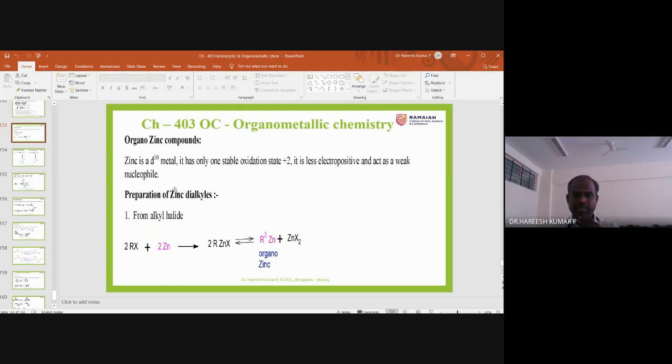So only three points we discussed here. Zinc is a D10 configuration metal, showing a stable oxidation state of +2, less electropositive, and acts as a weak nucleophile. So this is a little information about zinc.